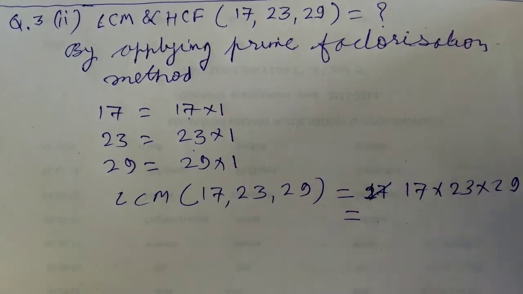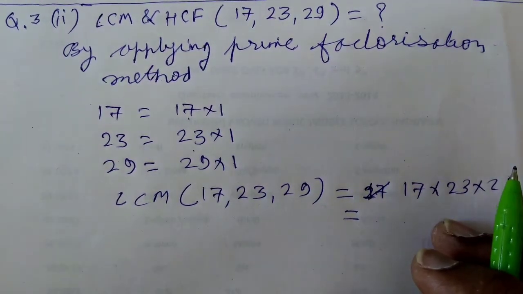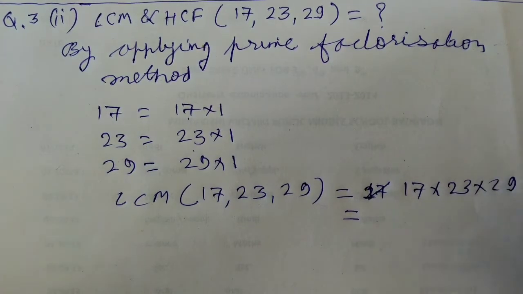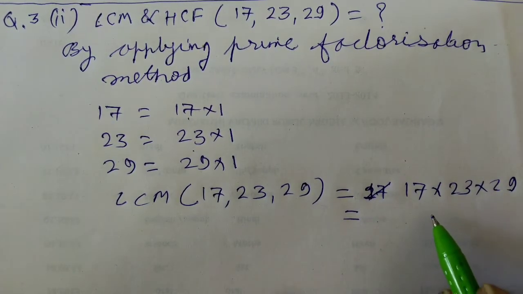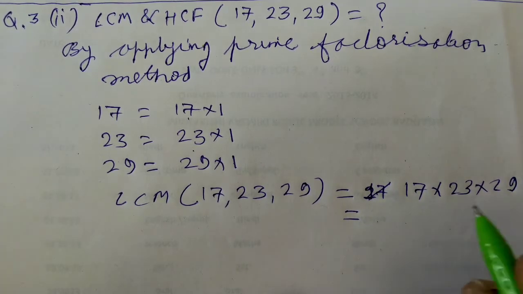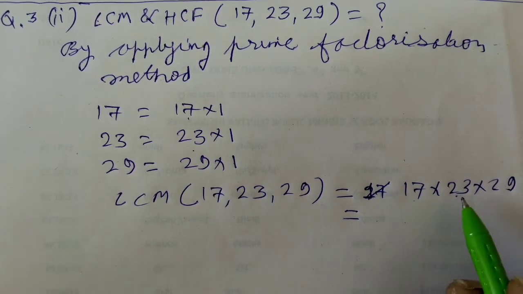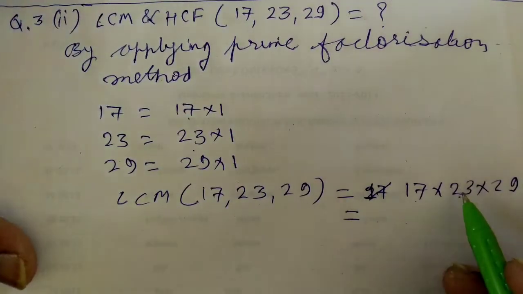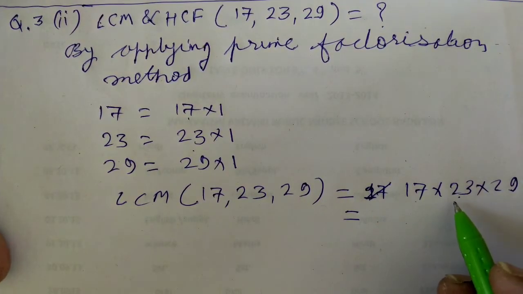You know very well from previous classes how to multiply, so I will only write the answer here. First you multiply 17 by 23, and the result you multiply by 29.